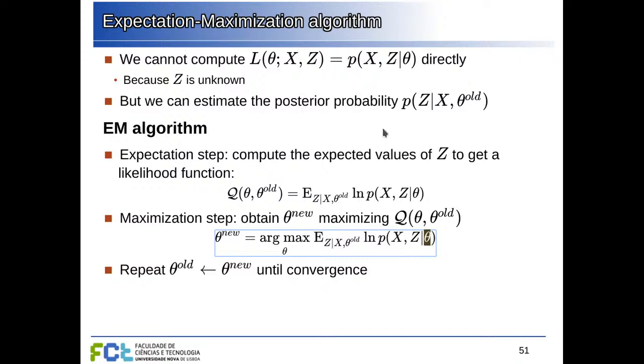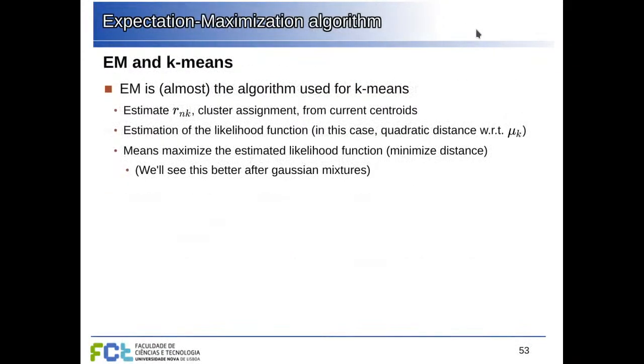But in the case of clustering, we need to have this expectation step, because the part of the data that we're trying to use for maximizing likelihood is not visible. They are hidden variables in our model that we need to estimate. Okay, so k-means is almost expectation maximization. The difference here is that we are not dealing with probabilities, but we can find a parallel there and the same kind of idea.